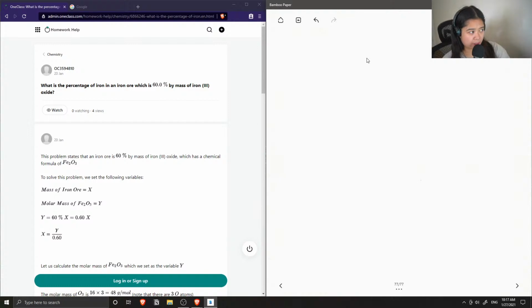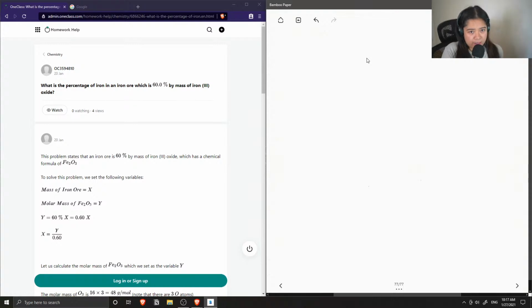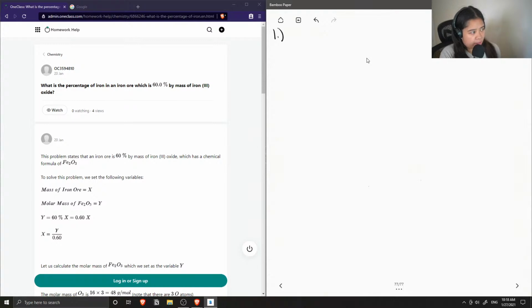Okay, so question 1 asks, what is the percentage of iron in an iron ore, which is 60% by mass of iron 3 oxide? Okay, so let's write down what we know. We know that 60% of iron is in iron 3 oxide.